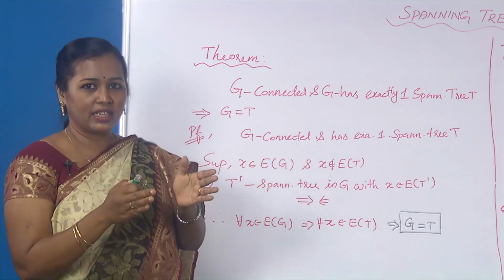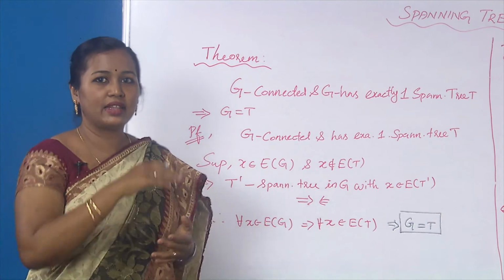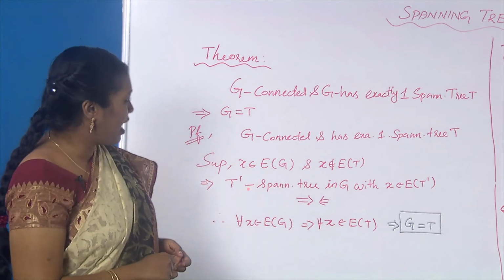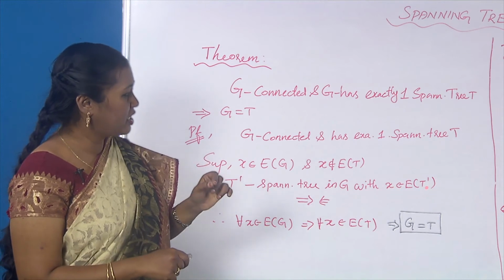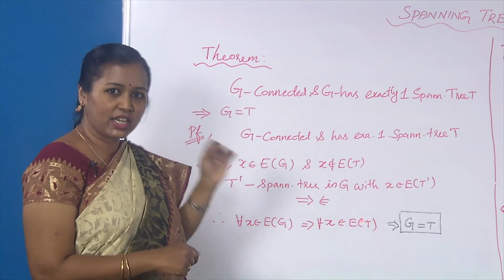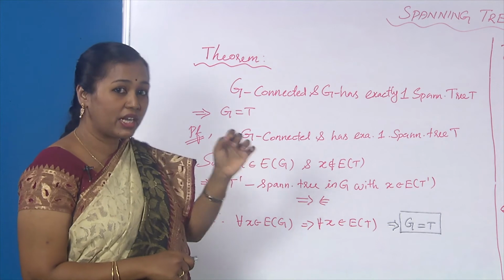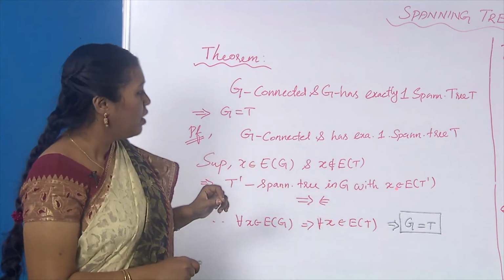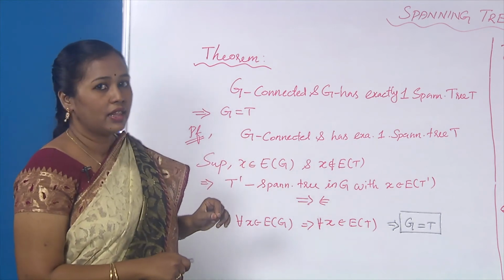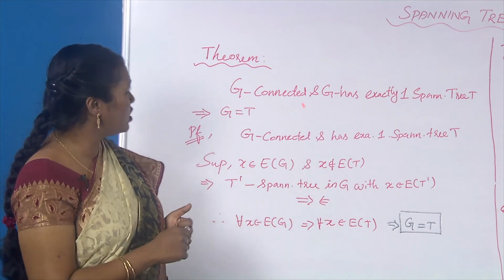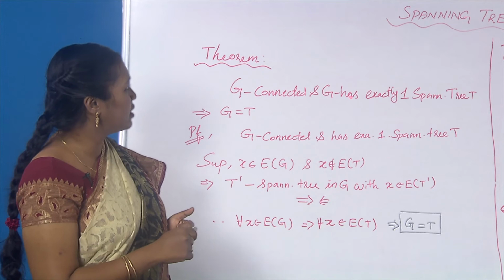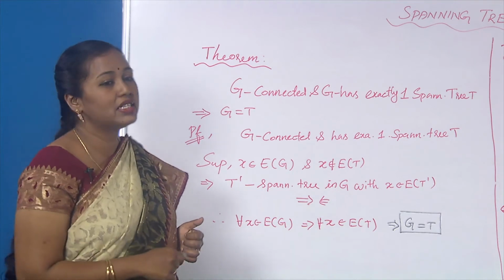When this is the case, it is easy to create another spanning tree T dash, for example, and this particular T dash has the edge x. So, it is possible to construct another spanning tree with this edge x. In that case, we arrive at a contradiction to the original statement that G is connected and that G has exactly one spanning tree.